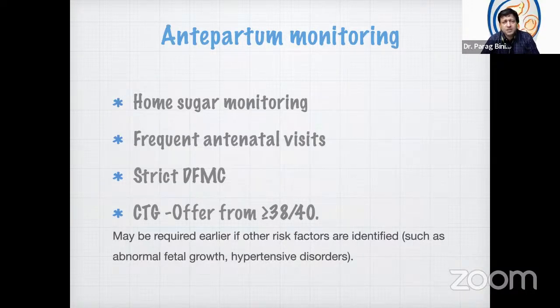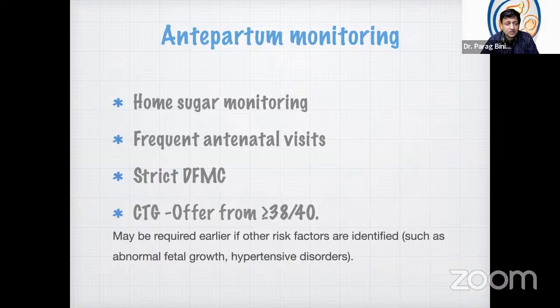So when we think of antepartum monitoring, home sugar monitoring has its own important place. Antenatal visits are more frequent. Women are asked to do a strict daily fetal movement count.